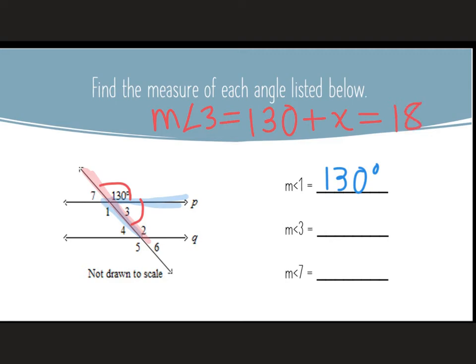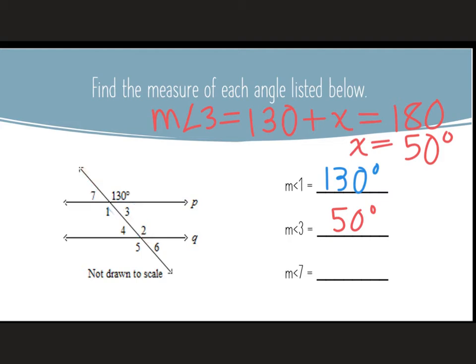It's going to equal 180, right? A straight line, 180 degrees. When I solve that, do 180 minus 130, and you get x equals 50 degrees. So the measure of angle 3 is going to be 50 degrees here.